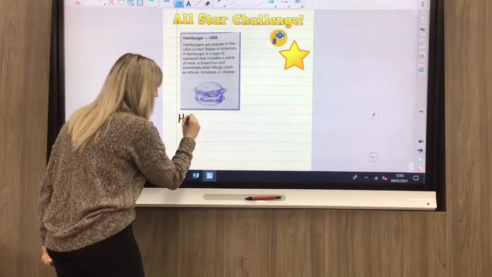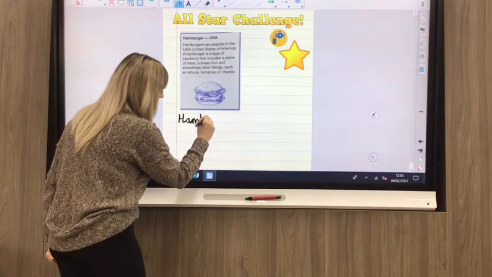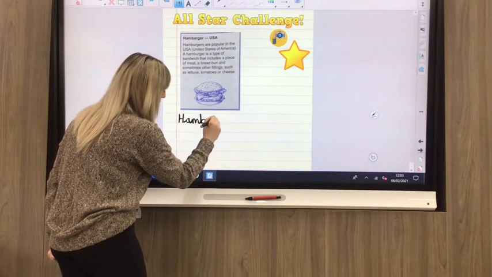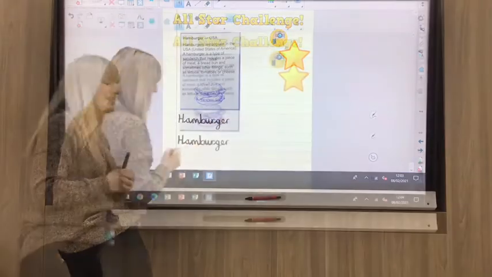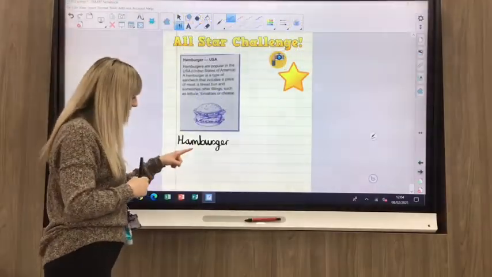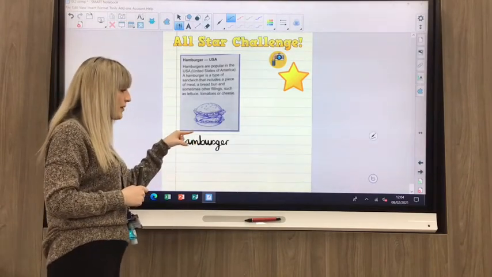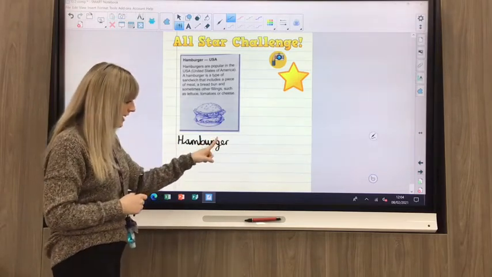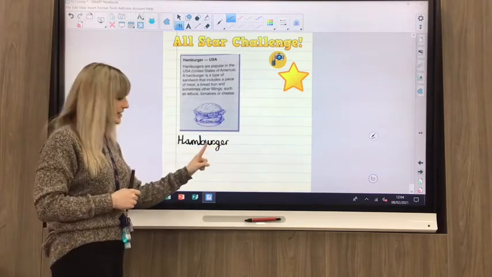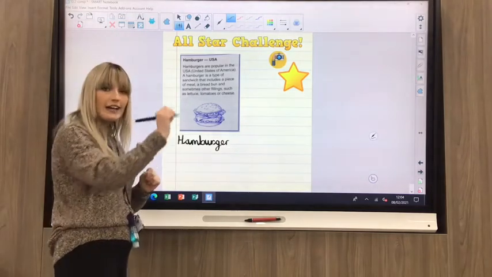So, Hamburg. Okay, so you can see that my tall letters are tall and reach almost the top of my line, and that my dangly letters sit below the line, so my letters like G or your Y's in your text, they dangle below.